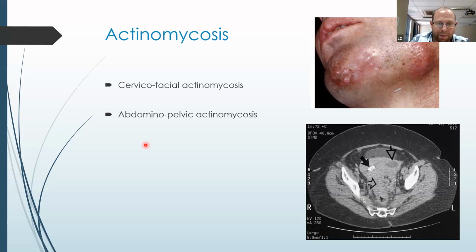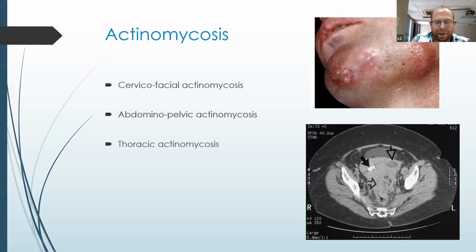And the other way this can happen is from any sort of seepage of a perforated viscus. So, for example, an appendicitis with a little bit of the organism making its way into the tract, and because of the slow, indolent way in which it grows, remote from the original perforated viscus, several months, even years later, have been described, one can develop sinuses that drain through the abdomen, abdominal pain that can be confused with malignancy, with inflammatory bowel disease, etc.